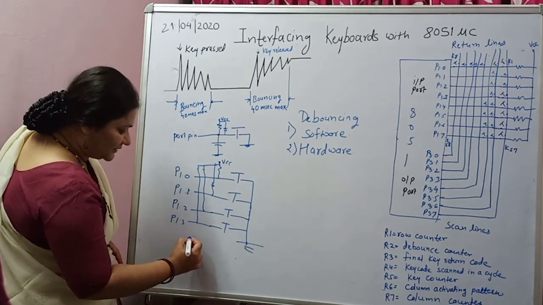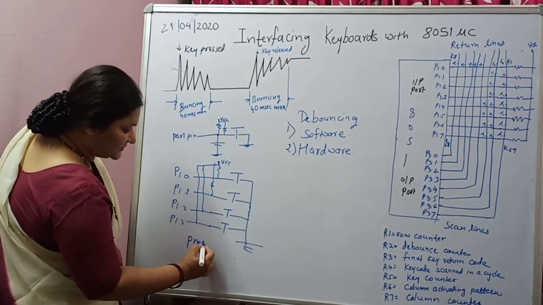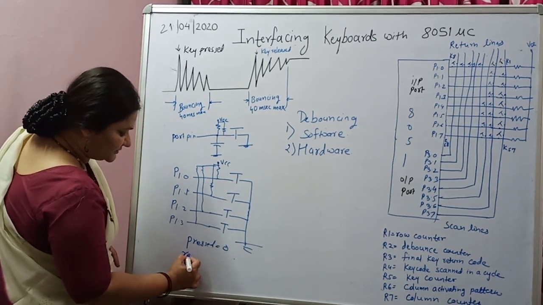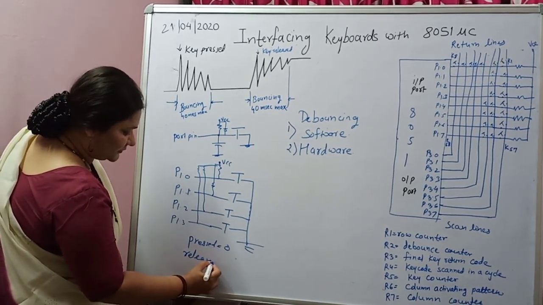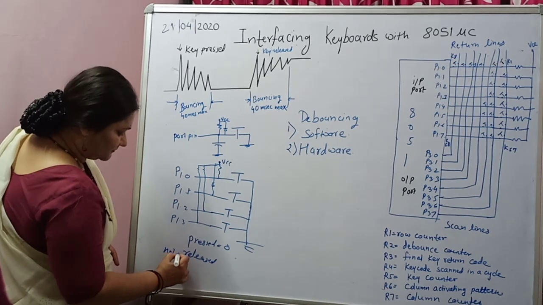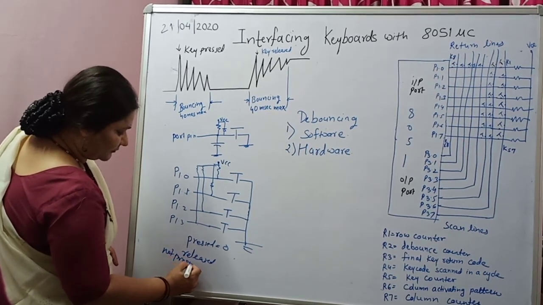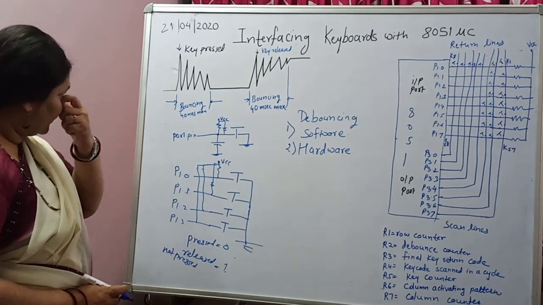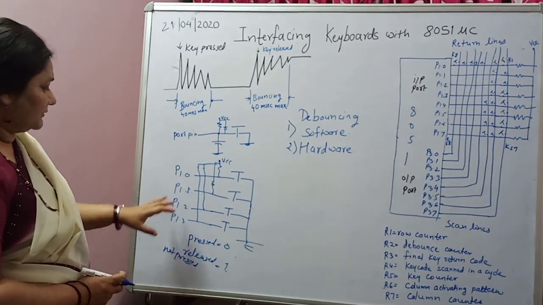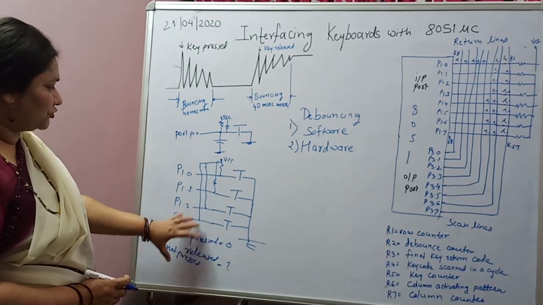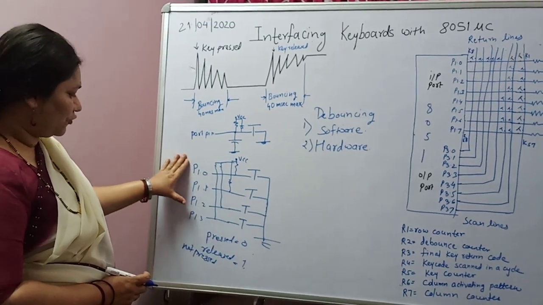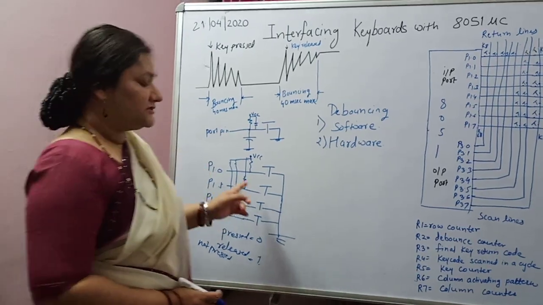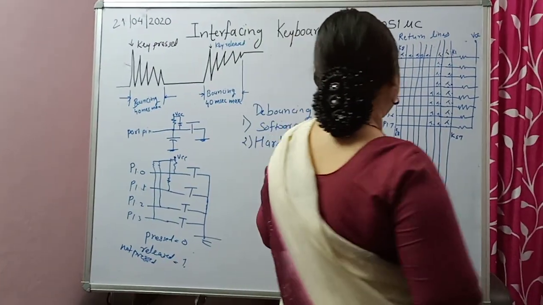So when the key is pressed, it is 0 with this configuration, and when the key is released or not pressed, it is 1. We will follow this structure: whenever the key is pressed, it should be 0 at the port pin, and when the key is not pressed, it should be 1. But this is the case when you are using 4 keys.